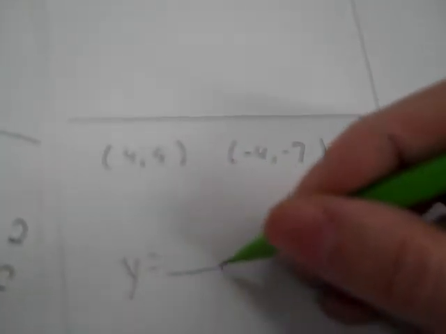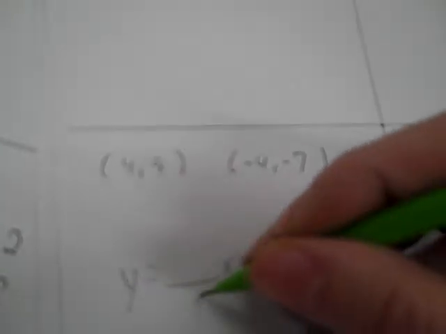Okay, y equals blank x plus blank. So m and b. So I need to find the m, and I need to find the b. So m is y minus y over x minus x. B, y equals m dot x plus b. So it's minus minus.